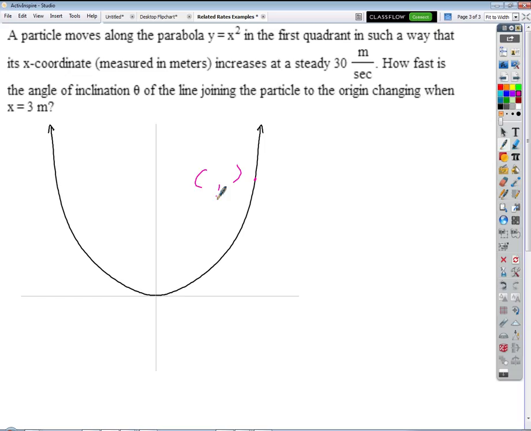Well, x. And what's the y coordinate going to be? y, true. But what's y equal to? x squared. Wouldn't we rather have one variable than two variables to deal with? So rather than calling this x and y, let's just call this x and x squared.